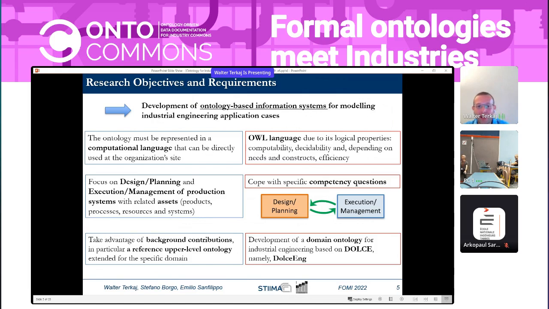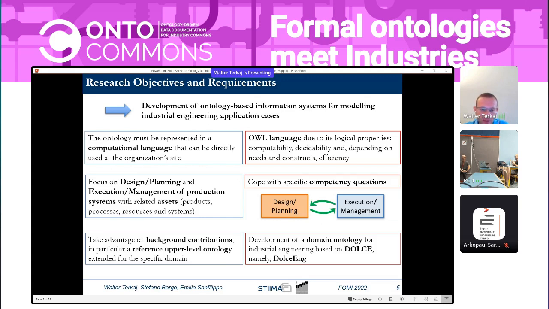We wanted to make something practical, and so that was the decision about the computational language, and that's why we decided to adopt OWL with its good properties. Again, we don't have time to go into the pros and cons, but anyhow, OWL makes a good compromise to make things practical and applicable.